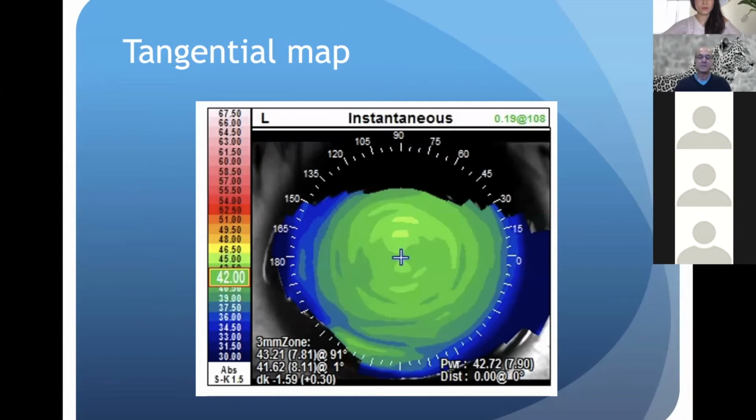Now, maybe someone out there in the audience can elucidate us better to that. But when I'm looking for the keratometry readings, I'll go to the axial rather than the instantaneous. And once again, this is an absolute scale, so this color green always represents 42 diopters, no matter what cornea you're looking at.